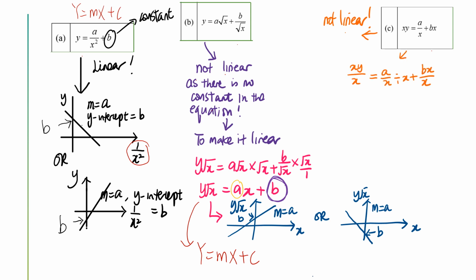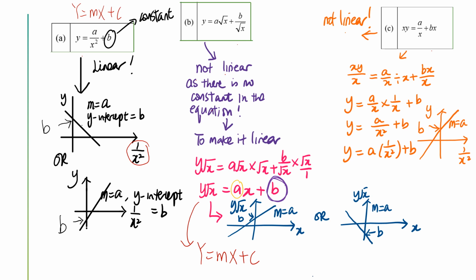So what I've done here is I'm dividing every term with X. And let's see what happened. If you divide every term with X, you end up getting y equals to A over x squared plus B. So here your B is a constant term really, so we can stop and rewrite it in the form, comparing it with y equals to mx plus c.